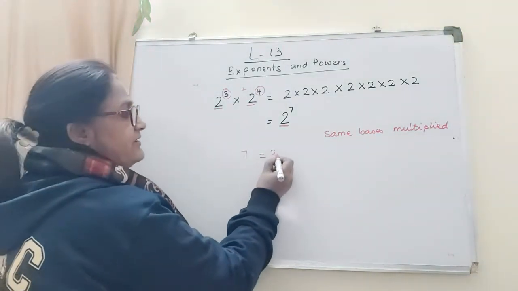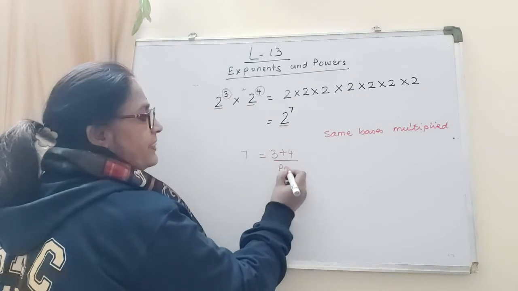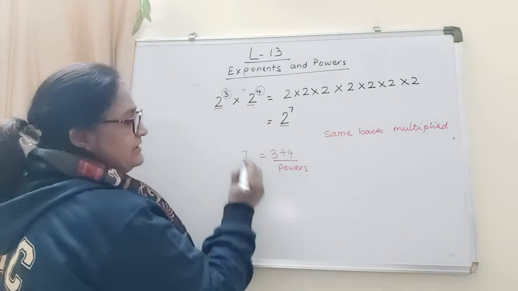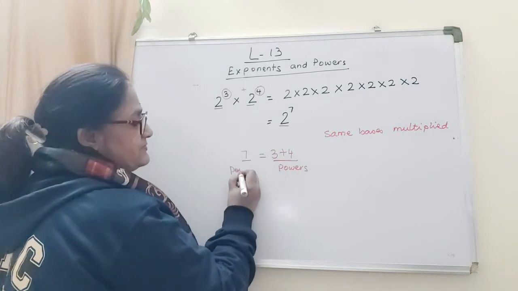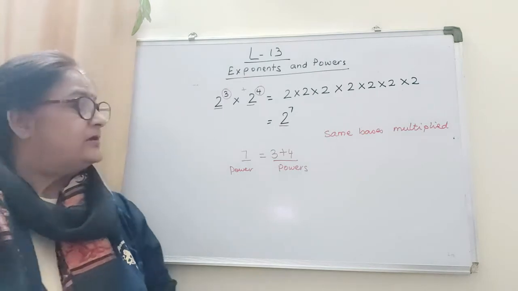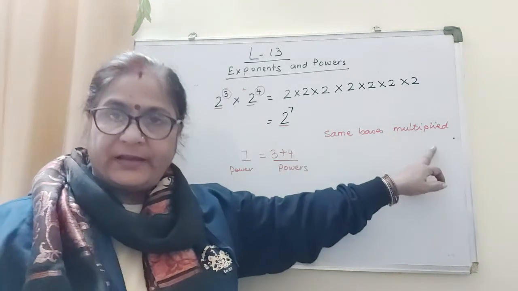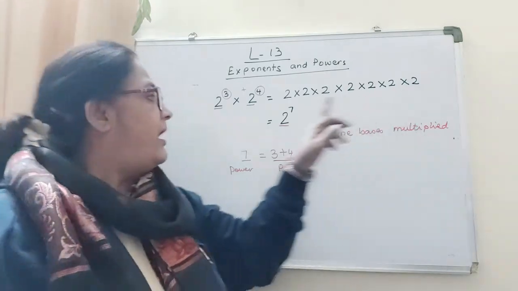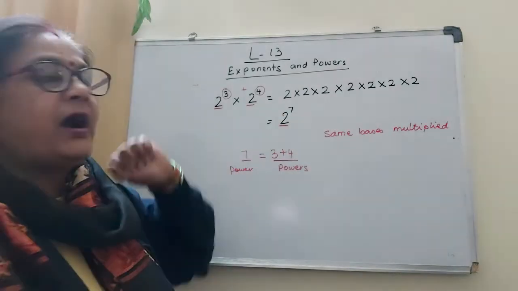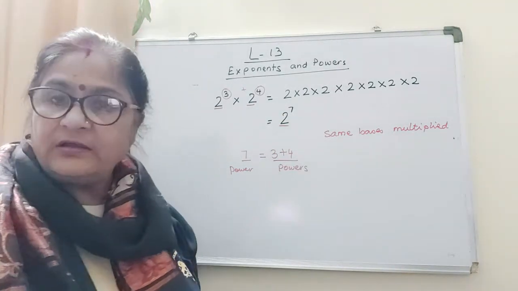What is this? They are the exponents or the powers in the question, and 7 is the exponent or the power in the answer. So what happened out here? When the same bases were multiplied, answer came in that base only. The powers were added.